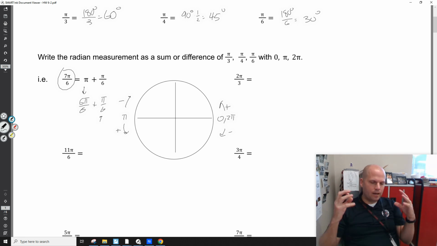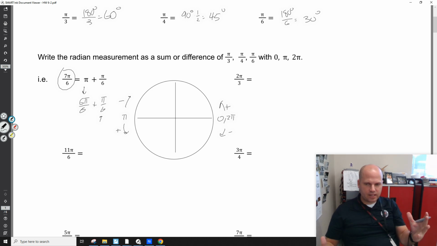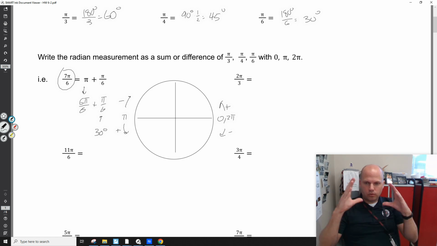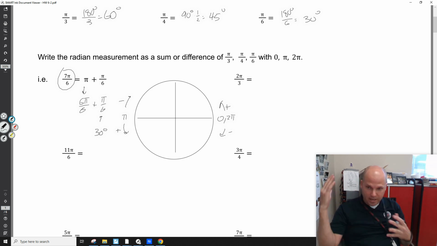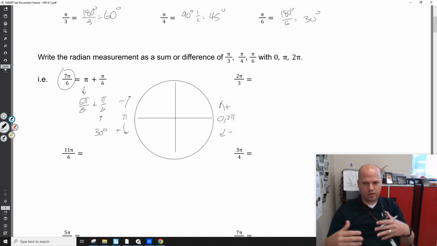Think about this fraction, pi divided by 6. Dividing by a bigger number creates a smaller value. So pi divided by 6 is going to be a smaller angle. It's going to be our 30-degree angle versus pi over 3, which will be divided by a smaller number than pi over 6. That'll create a bigger angle. That'll be our 60-degree angle. You got to remember that our pi over 6s create 30-degree reference angles.